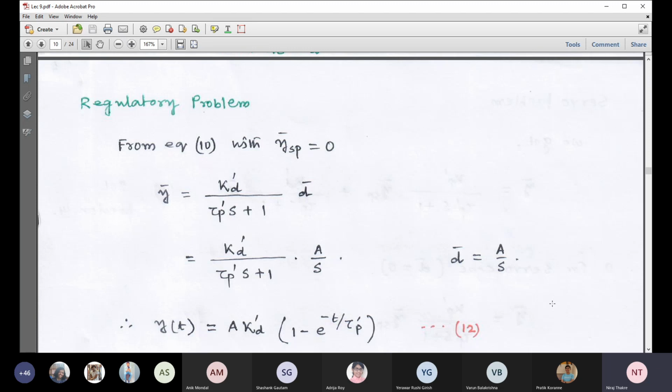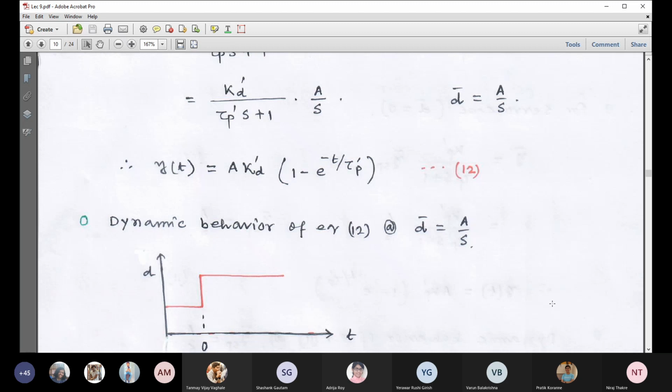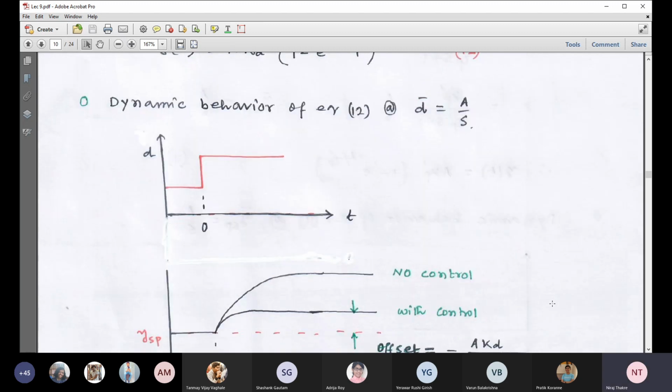Sir, A into Kd minus 1 minus KpKc upon 1 plus KpKc. No, still it is not correct. See, anyone got this answer? You see, I am showing you.